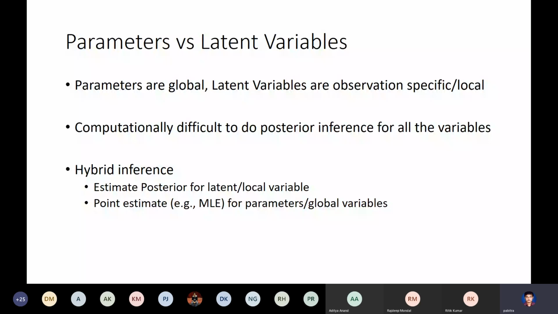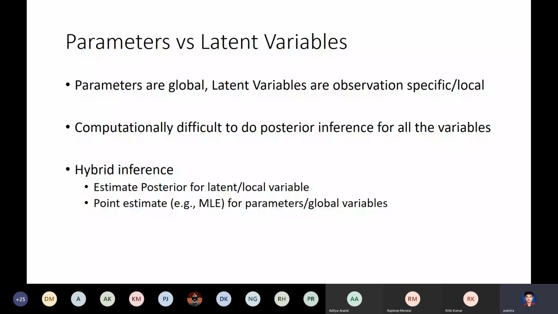Sometimes what we do, instead of a full Bayesian estimate, is a point estimate, an MLE or a MAP. But that doesn't give the full picture. And so what we can do is a mixed inference. We do a full Bayesian posterior for the local variables.